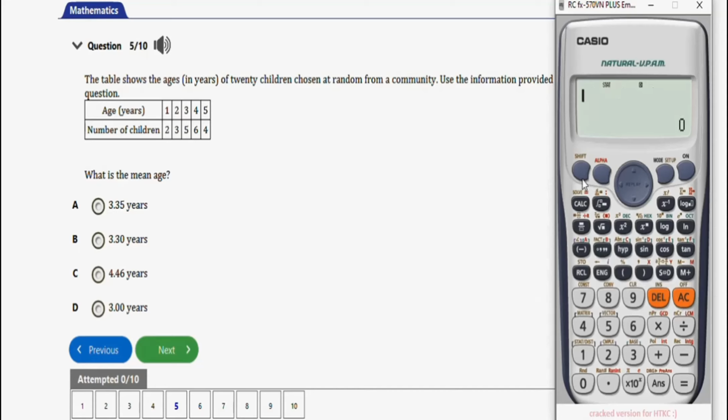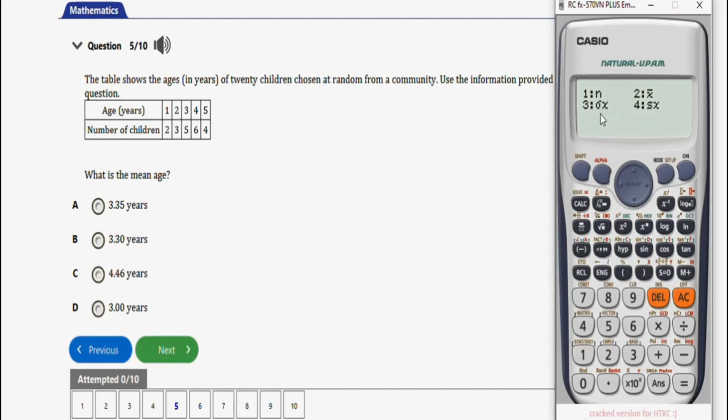Now to find the mean, press shift and the button with STAT on top of it. We want to find the mean, right? So press option 4 for variables. When you get here, we are looking for the mean. The mean is shown as x bar.